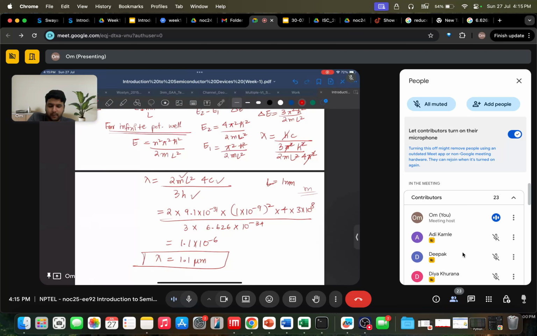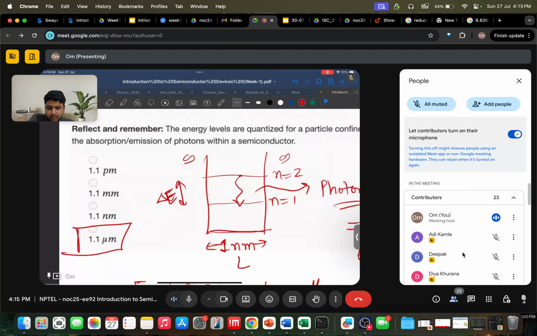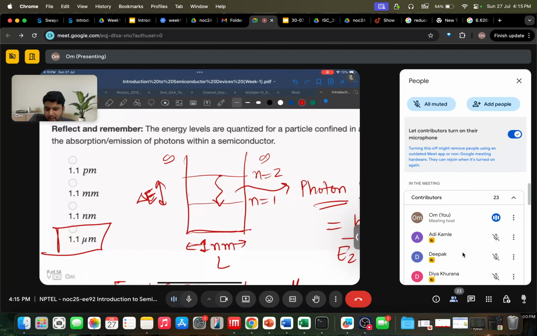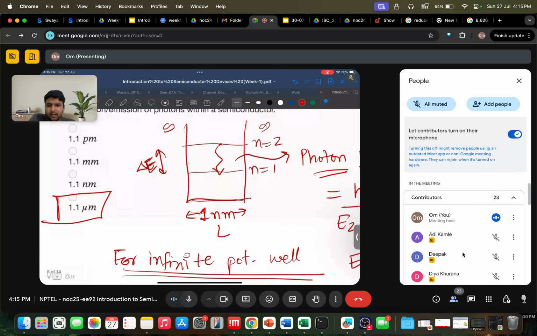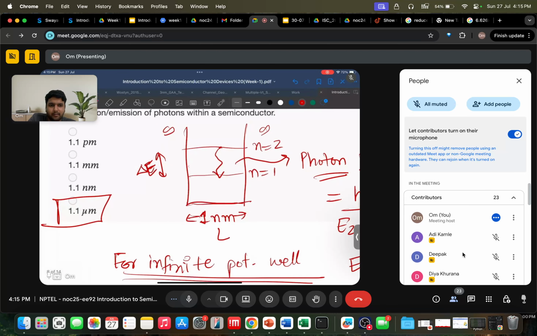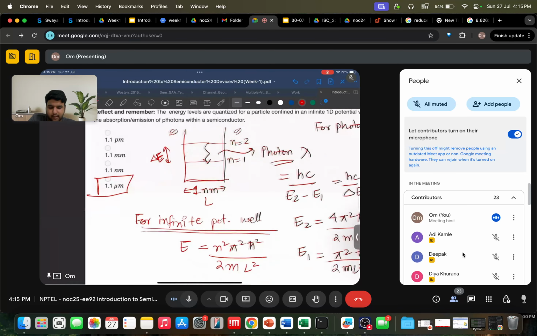Be very mindful about these, because in this question all the values are the same, only the units are different. So they know you will be confused in units only. So be very careful about these units.